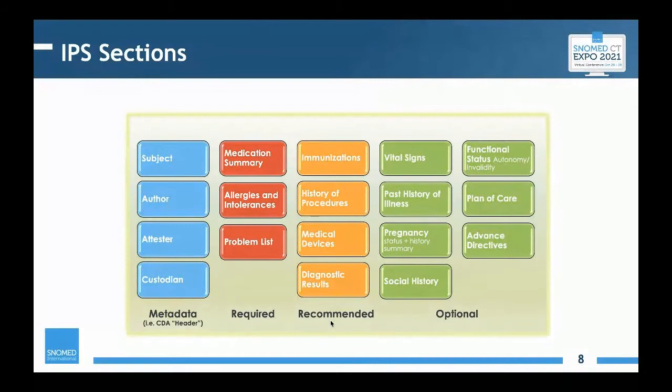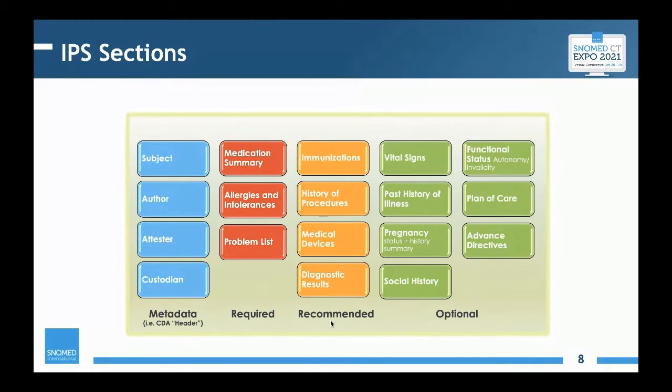But beyond the required sections, there are the recommended and optional sections. We have other sections that we think are likely to be very useful in the recommended category, including domains such as immunizations. Those are maybe considered particularly interesting in our present times, dealing with the COVID pandemic and other situations we find ourselves in.